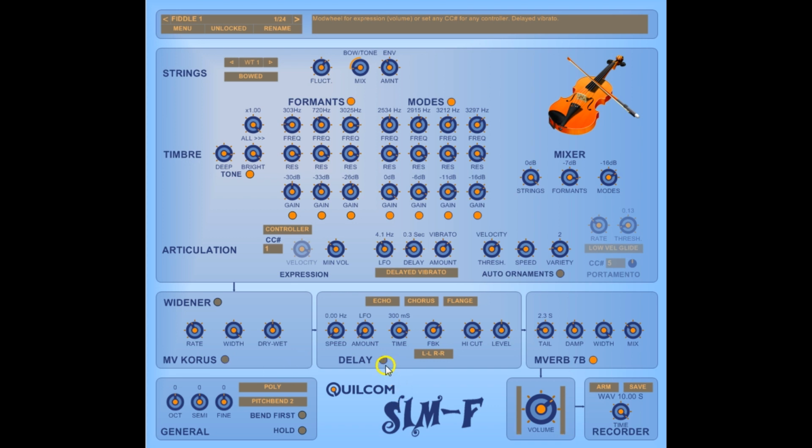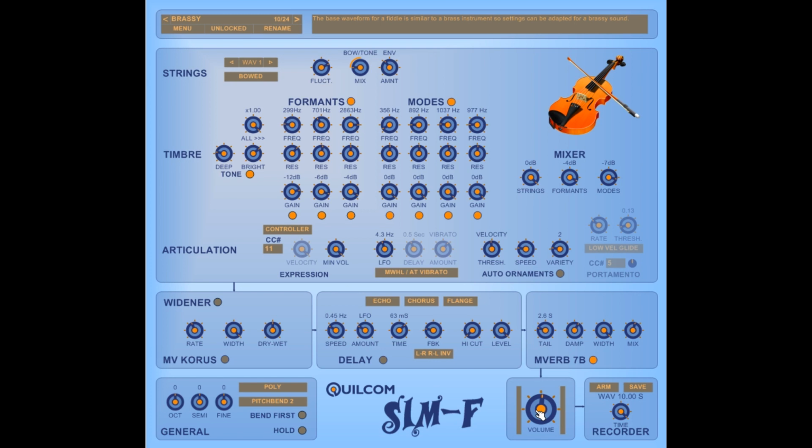And then there's a delay system where you can set echo, chorus, or even flanging, should you wish to. And at the end of the chain is Martin Vickerneck's excellent M-verb 7B. Of course, you don't have to use any of these effects. If you turn them off, you can use your favourite external effects in your DAW.